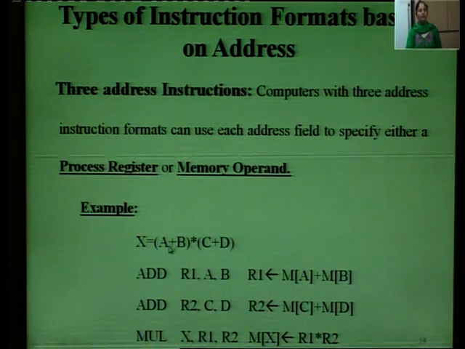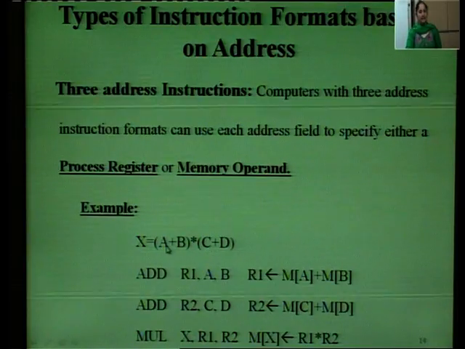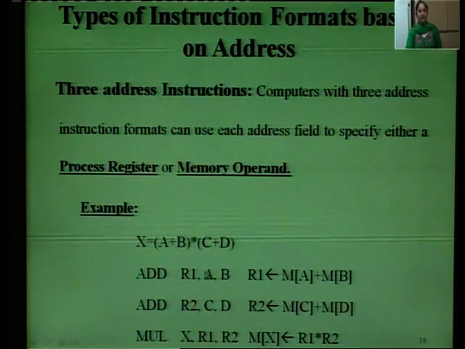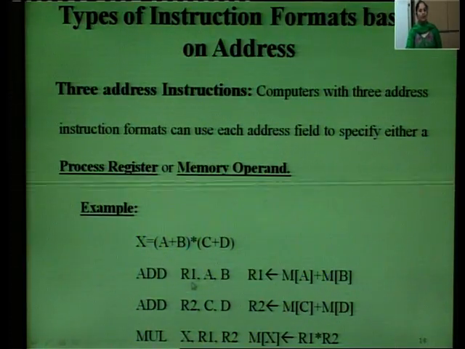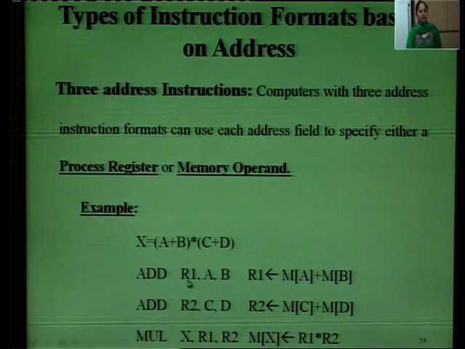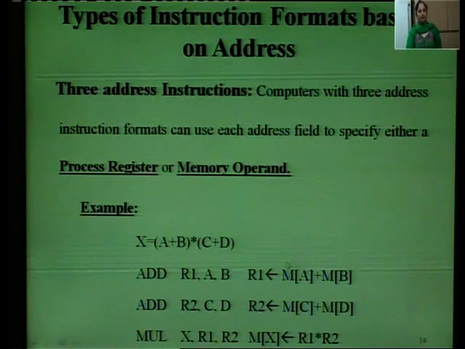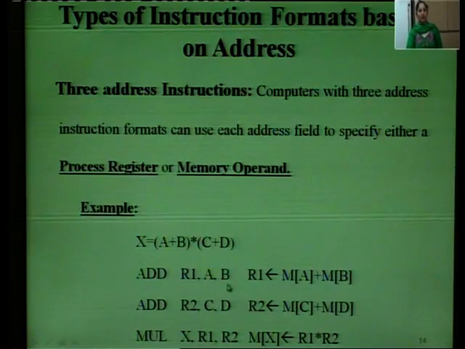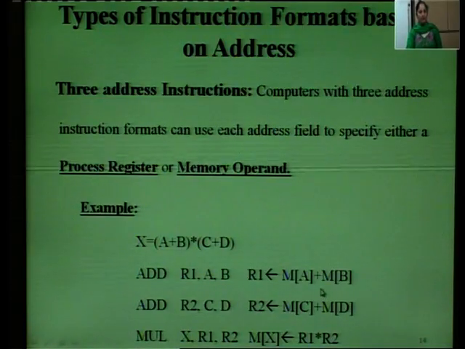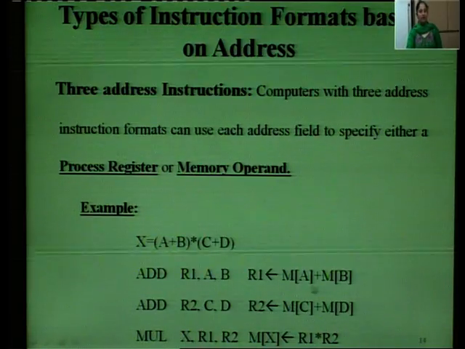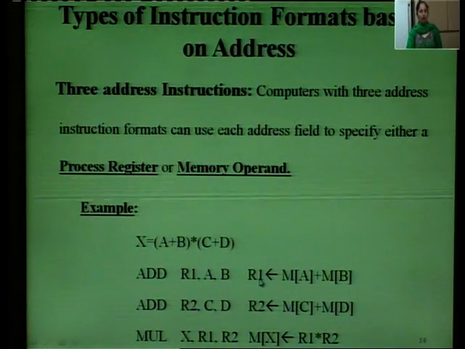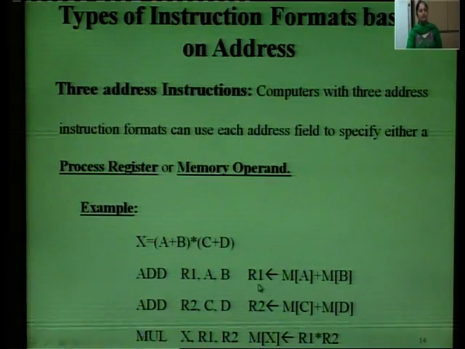For example, first add A and B, add A comma B, in the R1, that is the R1 register. First of all, it refers to the memory organization. B is stored in the memory, A is also stored in memory, and after performing the addition it is stored in R1. The result is stored in this register.